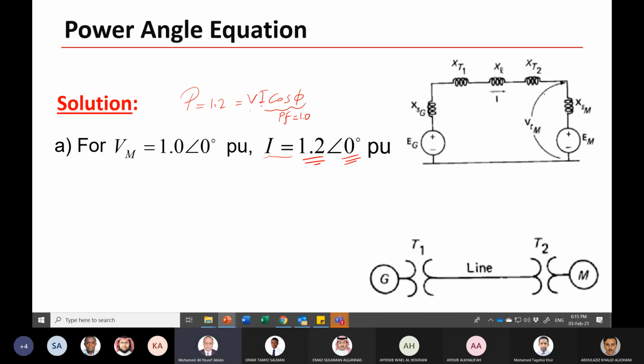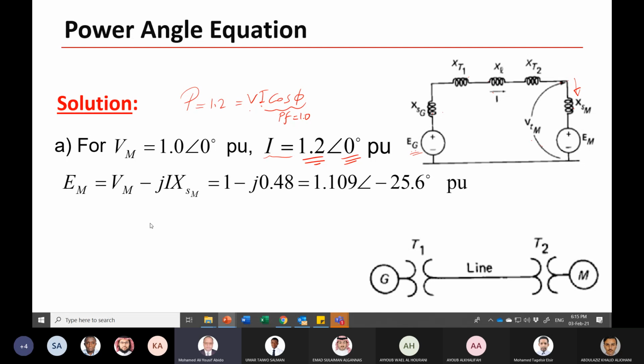If you have the current and you have this voltage and these impedances are given, in this case you can get EG. EG equals the voltage here plus current multiplied by all these impedances. And EM equals the voltage here minus, since the current is going down, minus the current multiplied by jXM.